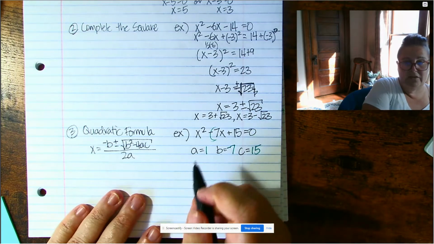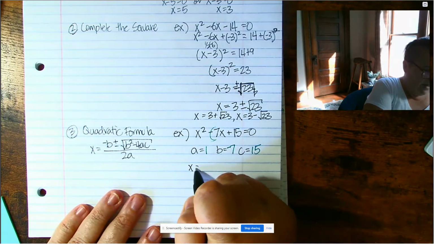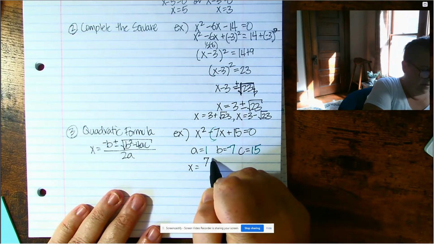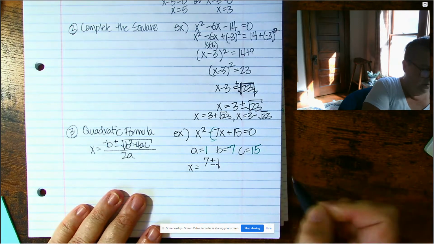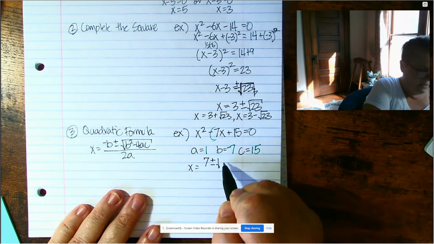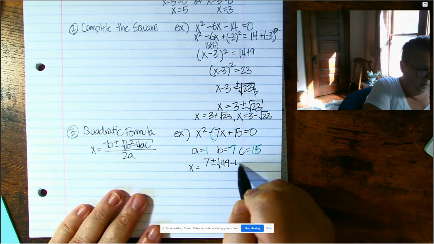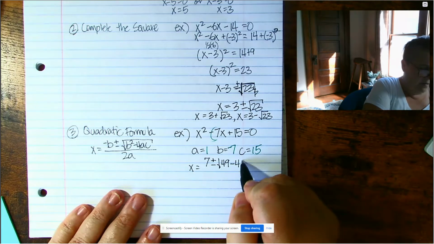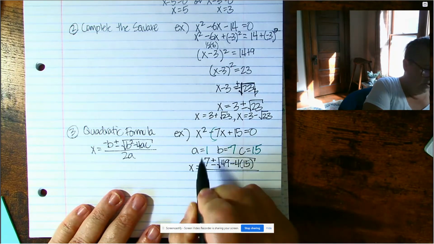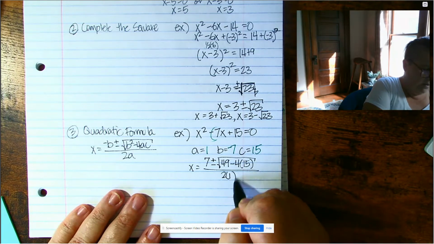And putting that into the quadratic formula, we would have x is equal to the opposite of b, that's a positive 7, plus or minus the square root of b squared. So that's going to be a negative 7 times a negative 7, so 49, minus 4 times a times c. All over 2a, so that's going to be 2 times 1.